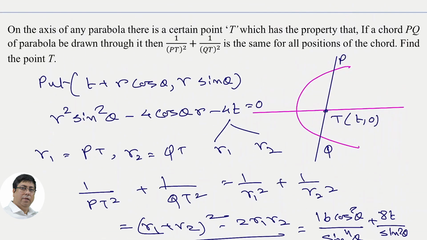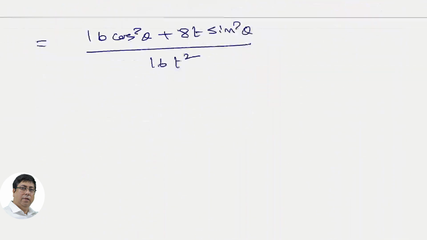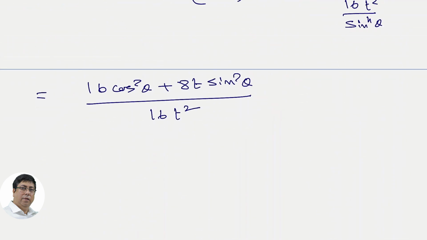According to the question, it has been given that it is the same for all positions of the chord. So this value is independent of theta. It is only possible if and only if 8t equal to 16, therefore t equal to 2, and this is the final answer.